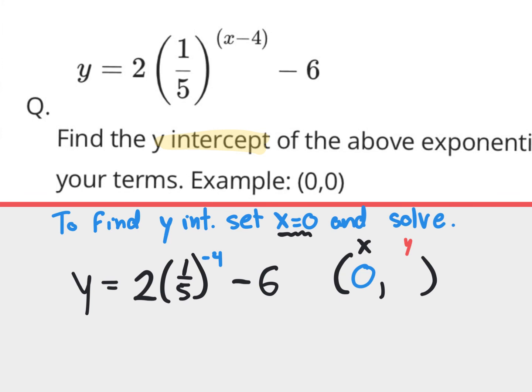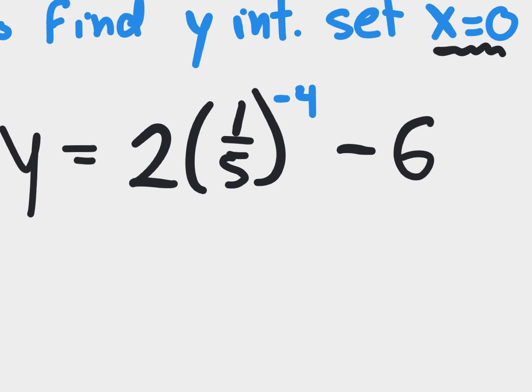Whenever you have a negative exponent, you could distribute that negative exponent and then move your negative exponents to the other side and change them to positive, or you could flip this right from the beginning and then change that to a positive and distribute your positive 4s. So I'm going to distribute the negative 4. Okay, so I have 2 times 1 over 5, but the 1 has a negative 4, and the 5 has a negative 4, and it still has a minus 6.